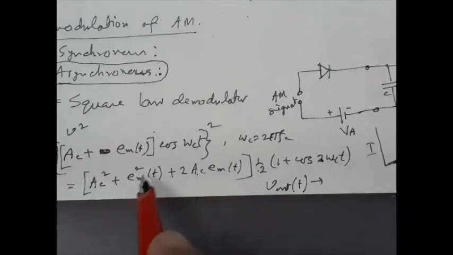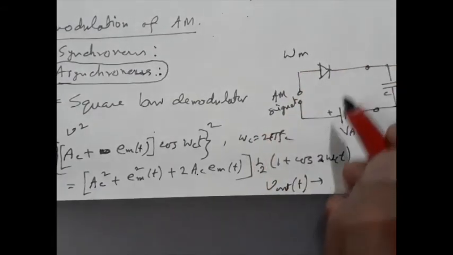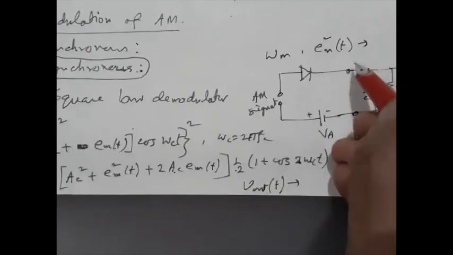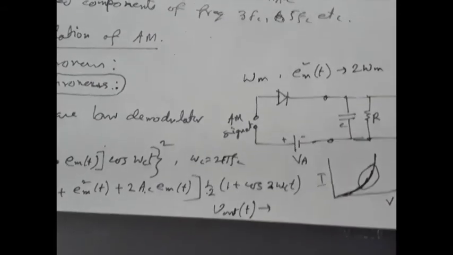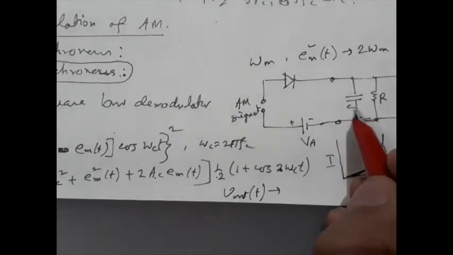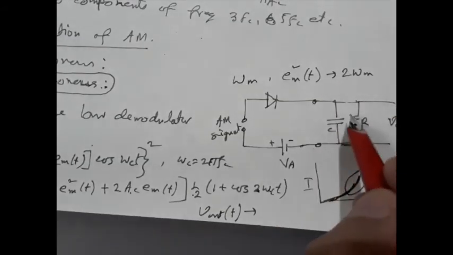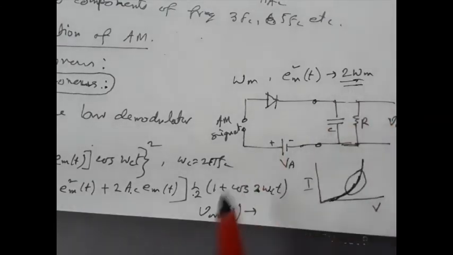Em square by 2. Em square means it is the square of the baseband signal. Now if the baseband signal has a maximum frequency of say omega m, then Em square(t) will have a frequency of twice omega m, right? So we have to select this combination in such a way that this filter can reject this 2 omega m component, right?